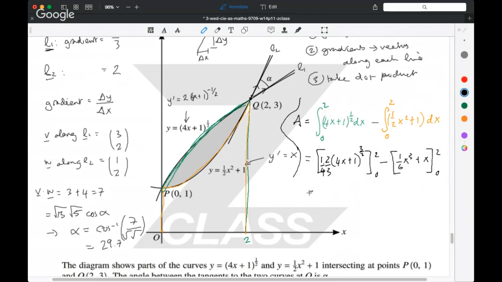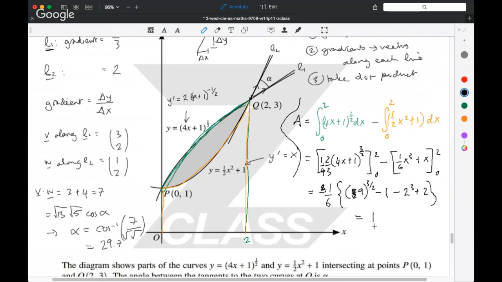So if you plug all this in and evaluate between all the limits, you get 1 over 6 on both of them, and then you get 4 times 2, which is 8, plus 1 is 9, so the 3/2 minus, and then when you put 0 in, that's minus 1, minus 2 cubed plus 2. Anyway, you get 1, which is the correct answer. And that is all there is to it.